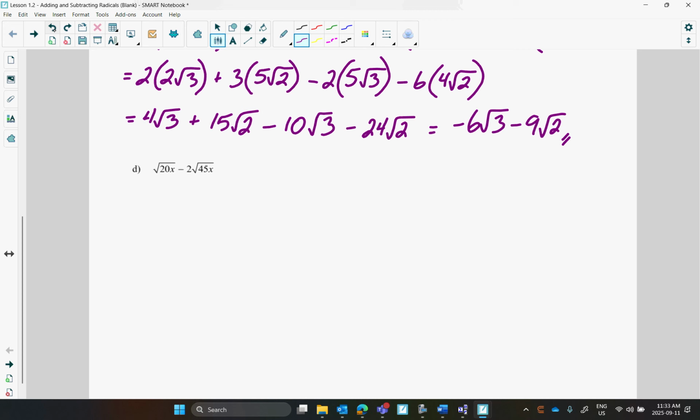Well, the other day, what did we do when we had a number and a variable in it? We separated. So let's do that. Negative 2, and then I'm going to put parentheses and I'm going to separate these.